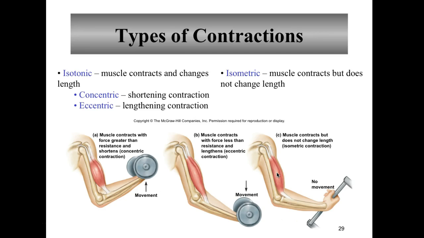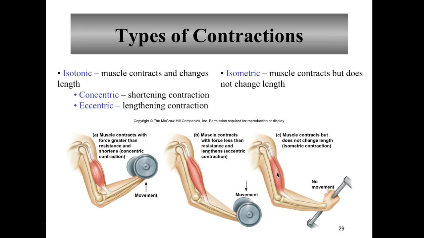The other type would be an isometric contraction. You've heard of isometric exercises. In an isometric contraction, the muscle becomes taut, and basically the attachments do not move. So you're tensing a muscle. You're contracting that muscle, but you do not change its length.